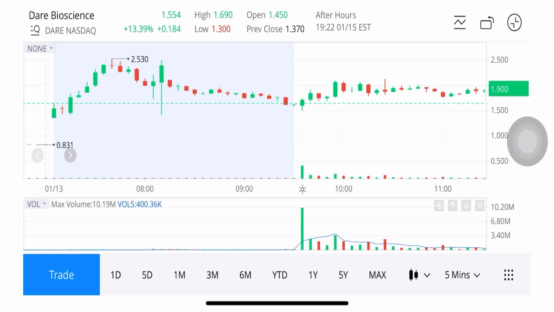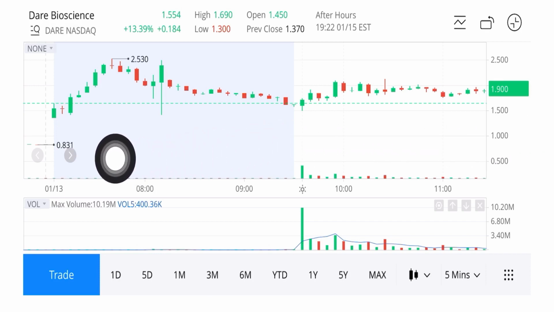So this is how we're going to find that information out, and how we can do so in a very simple way. So in the pre-market, what we notice here is the price goes up from 83 cents to $2.53, and then it starts to lose momentum towards the opening.